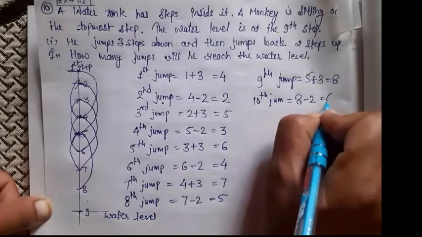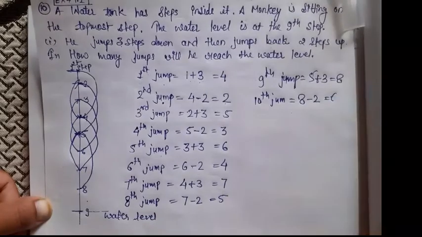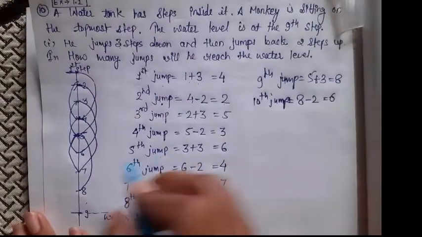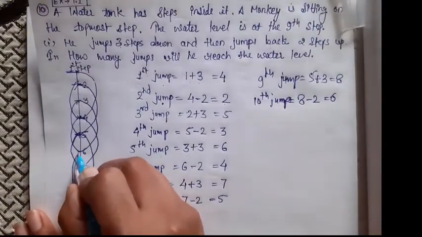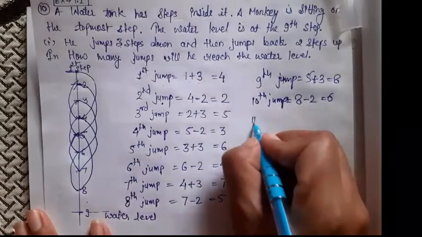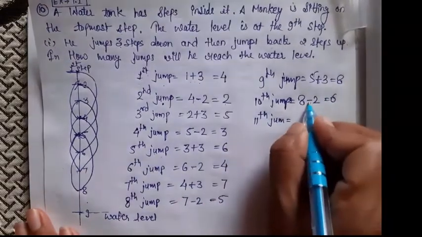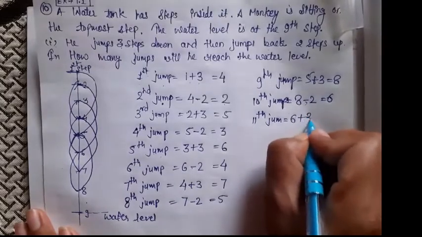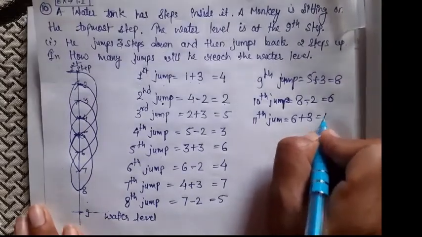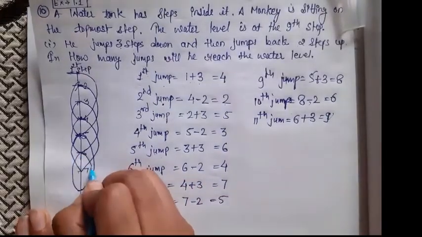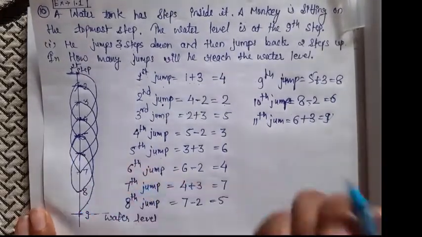So here we get 6. Means he reached on 6th step. In next jump, 11th jump, here we added 3. So 6 plus 3 is 9 here. It means he reached on 9th step.